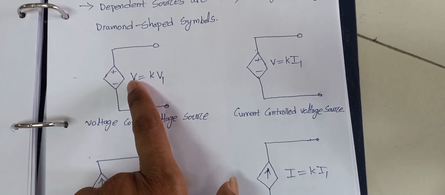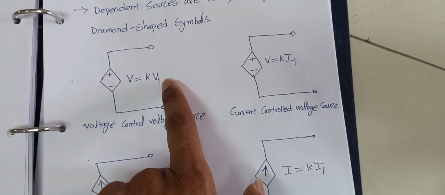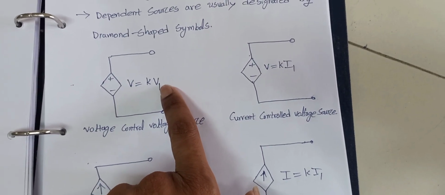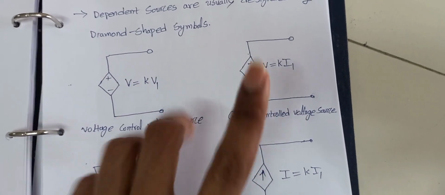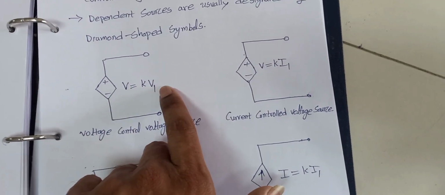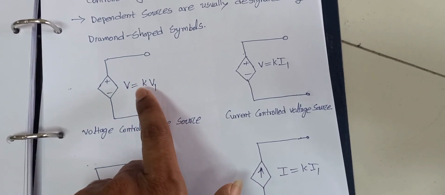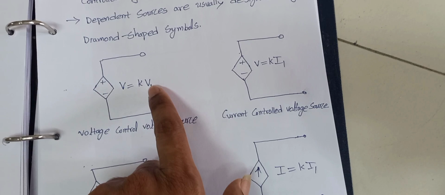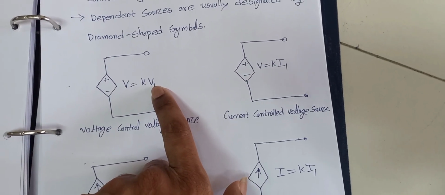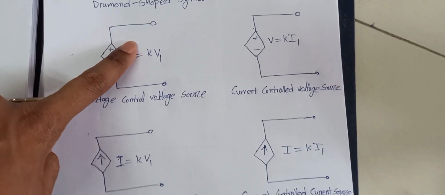The difference between this voltage and this voltage, I have mentioned 1. You can take VA also, not an issue, or otherwise VC also, not an issue. Voltage control, whatever the letter may be, you have to take it here. But there is a difference between a source voltage and this control voltage. And constants are common for all 4 types.